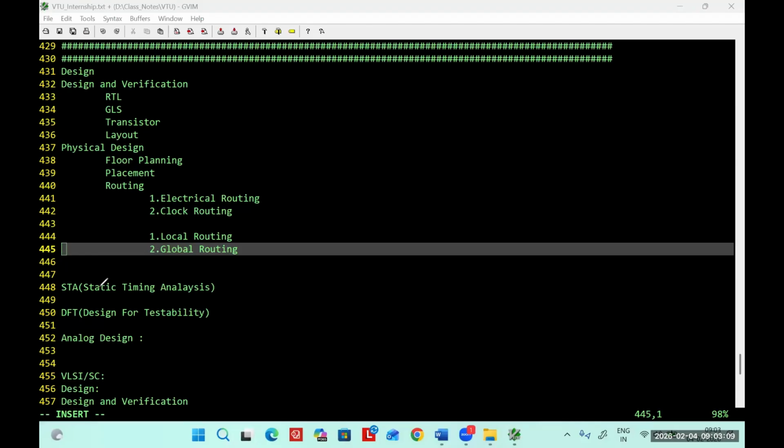Now I have a few things to share with you. y equal to a plus b. If it is logical, what do you mean? If it is arithmetic, what do you mean?